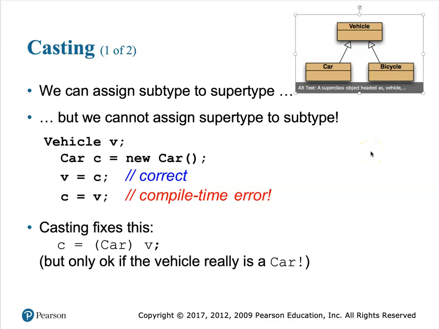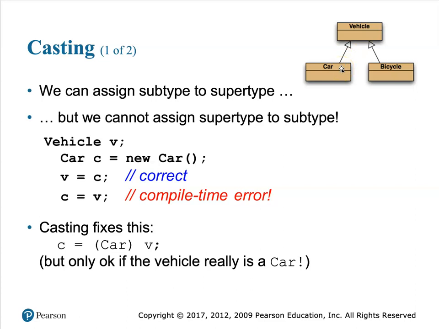Remembering that the car is a vehicle and a bicycle is a vehicle, we can assign car to vehicle because it knows that. We cannot assign vehicle to car.